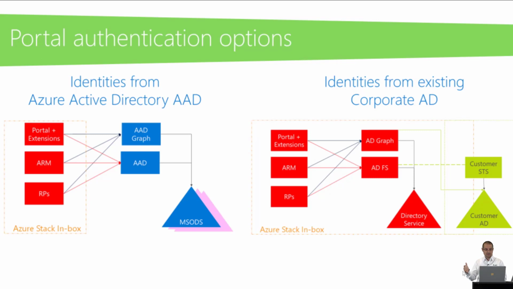However, for your tenants, customers, you need to create a relying party trust with their ADFS environment, and that has to be done manually, separately. That's where your internal ADFS and your customer's ADFS environment will trust each other through the relying party trust, and you can authenticate from there on. These concepts are very similar to what we have today, but this is how it gets applied in Azure Stack.